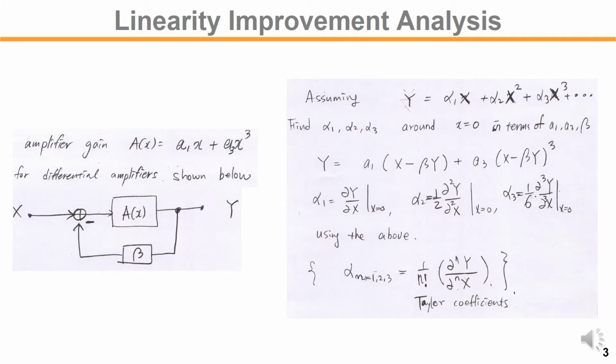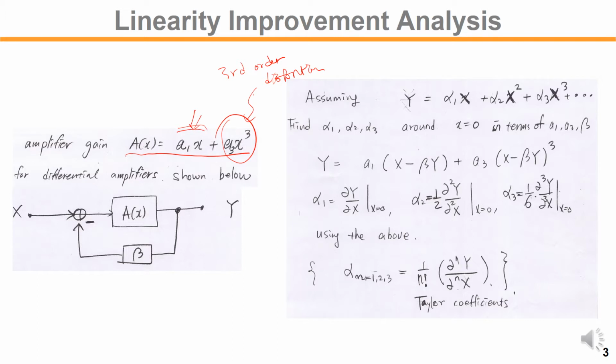We can actually calculate how much nonlinearity is improved. For a certain amplifier characteristic, for example, if your amplifier A0 can be represented as A1 times X plus A3 times X cubed, so the third order distortion here. In the ideal case, we want a linear amplification gain like A1 times X, right?